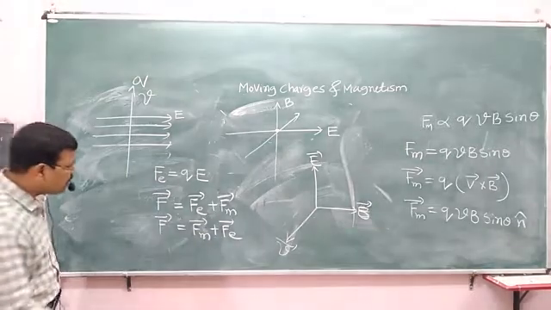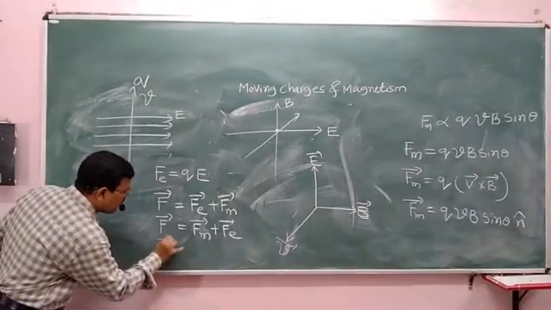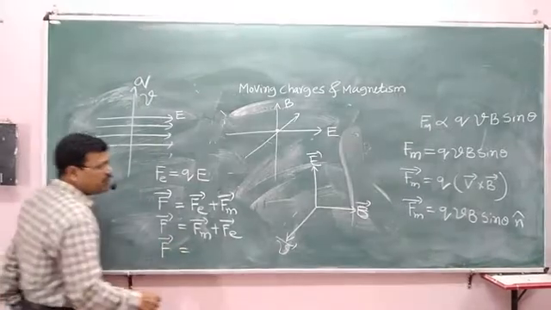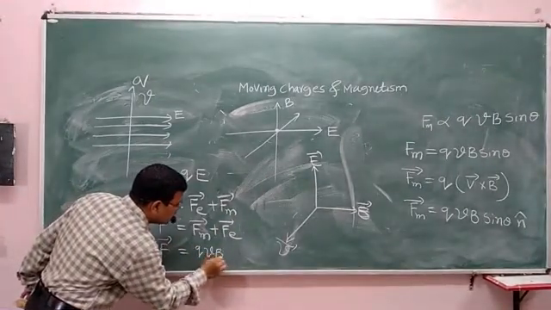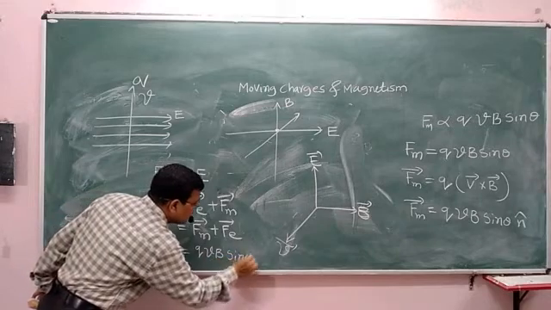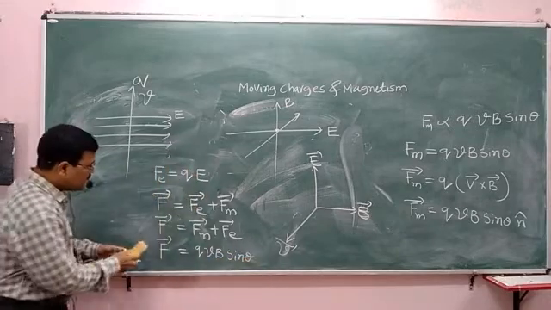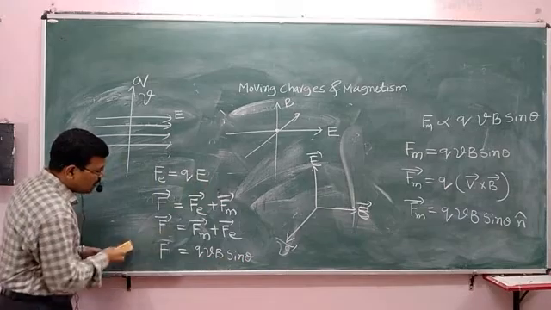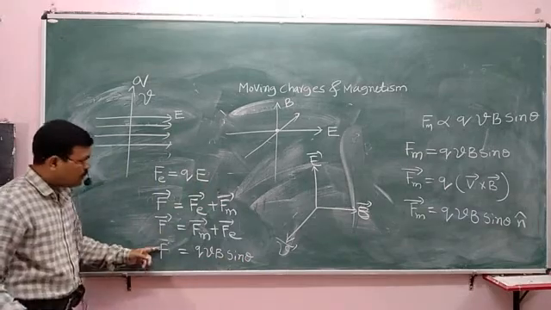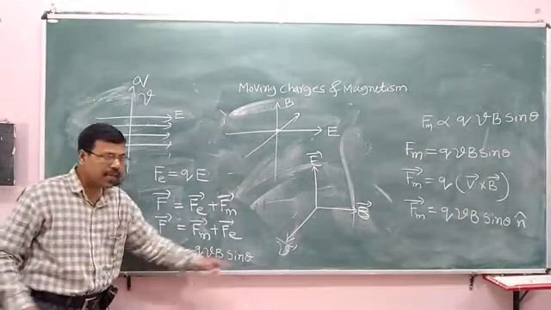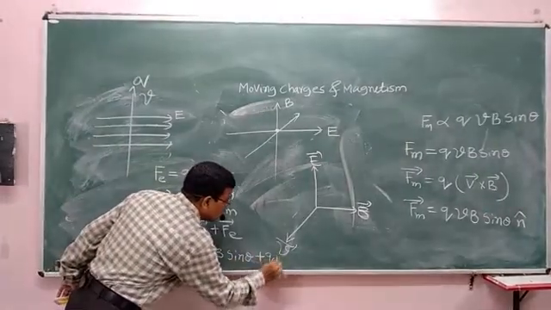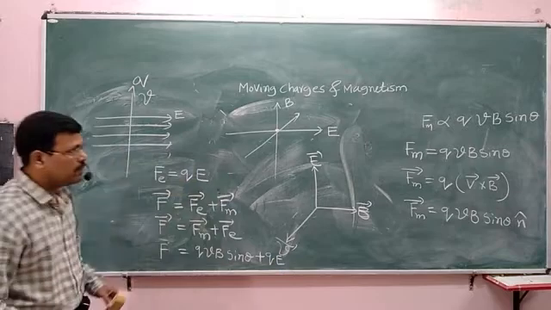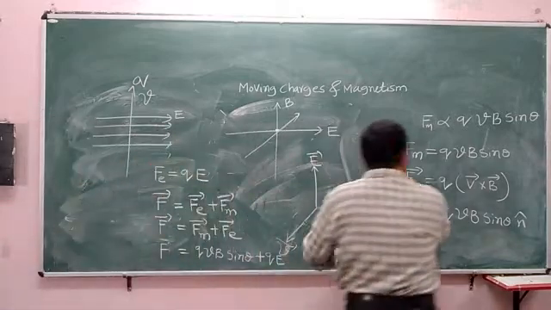Then he substitutes the value of Fm. What is Fm? Fm is nothing but QVB sin theta. He writes this in scalar form. F is equal to Fm means QVB sin theta. Then Fe means QE.